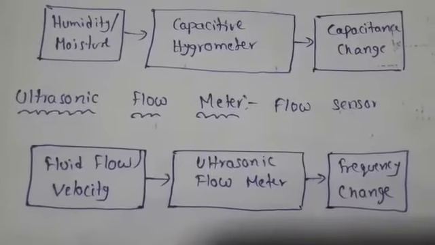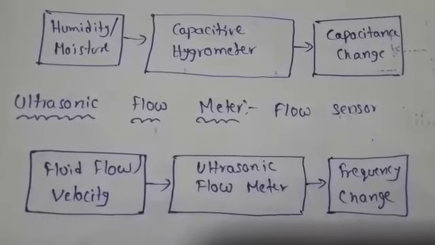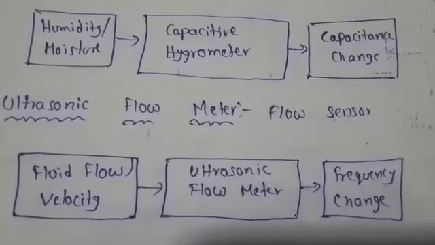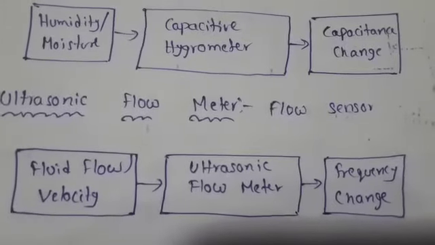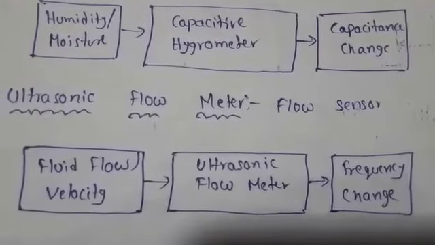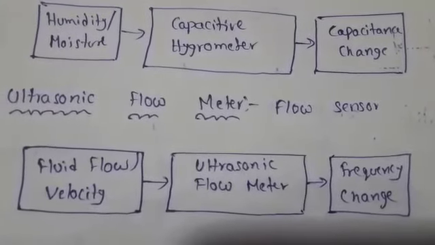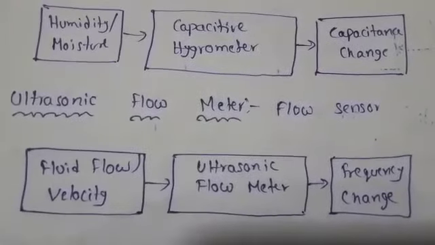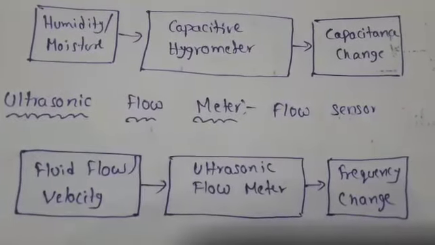Next one is the ultrasonic flow meter. It is also called a flow sensor, that will convert the fluid flow or velocity into frequency change. So these are the examples for commonly used sensors.